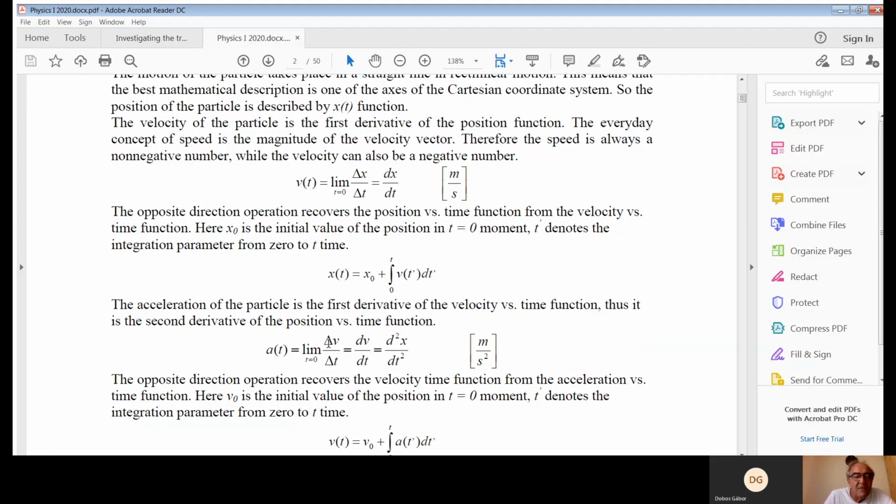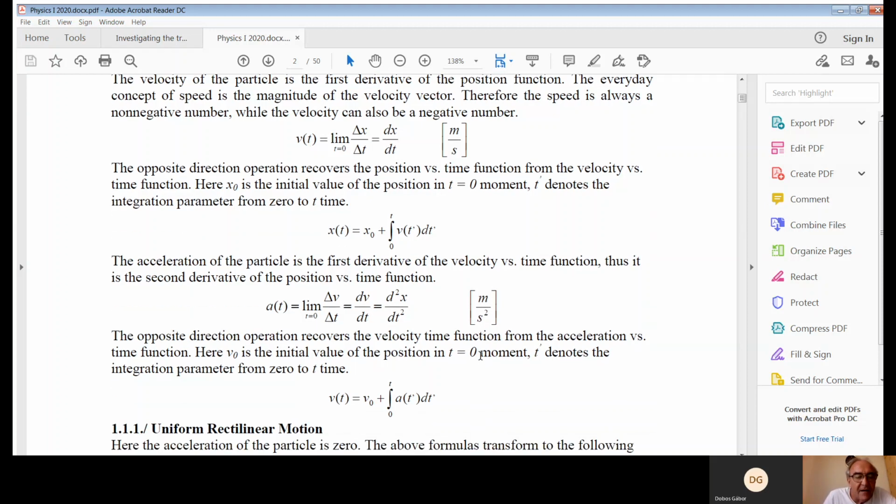What we do, we watch how much the velocity variation was and divide it by the elapsed time. And then we push this to the limit by delta t goes to 0. And this will be equal to the first derivative of the velocity and the second derivative of the position. And that will be the acceleration, measured in meters over second squared.